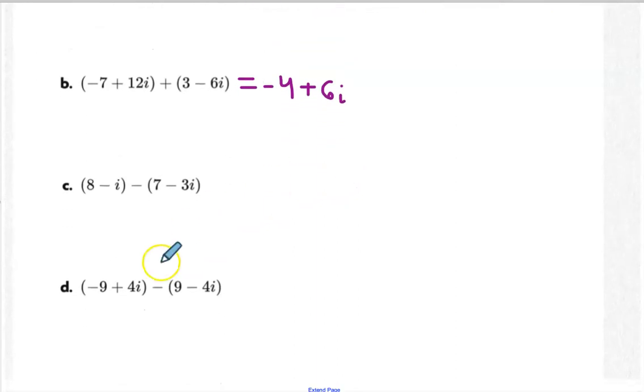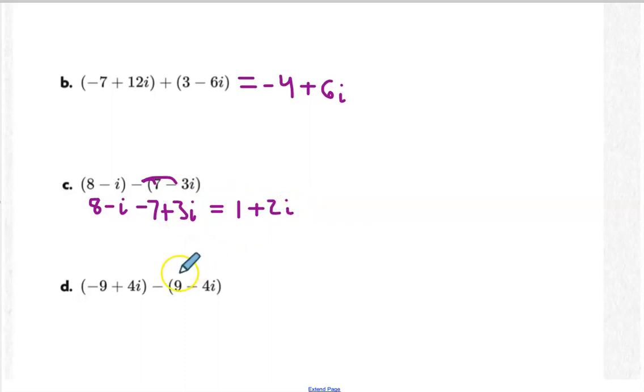Okay, subtracting, the same idea. You just want to distribute first here. So this is really 8 minus i minus 7 plus 3i. The signs of the second one just change. So 8 and negative 7 gives me 1. i and 3i gives me 2i. All right, last one here for this type.